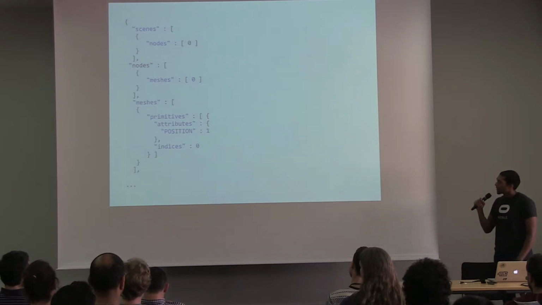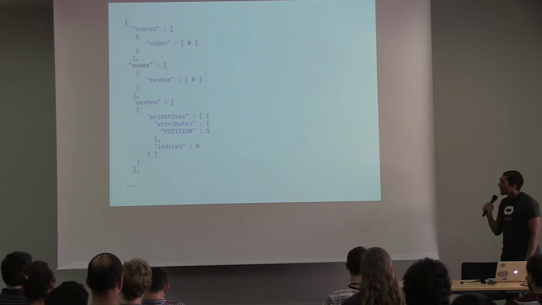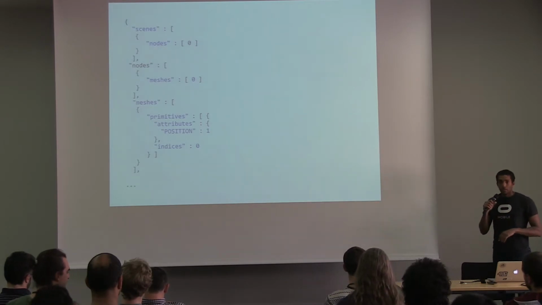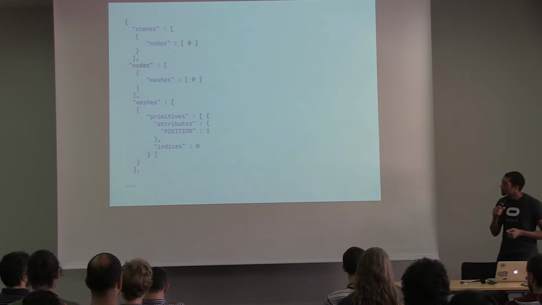So the attributes, if you're not familiar with OpenGL shaders or shading in general, attributes are just inputs to what's called the vertex shader. The vertex shader is basically the thing that tells you where to put a vertex in space. It's a program that runs on the GPU for every single vertex in your mesh.